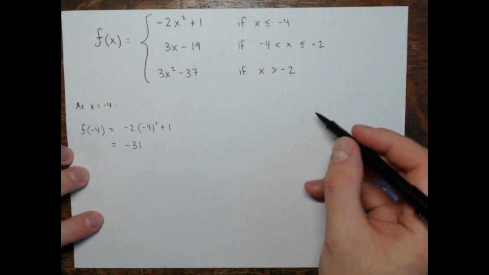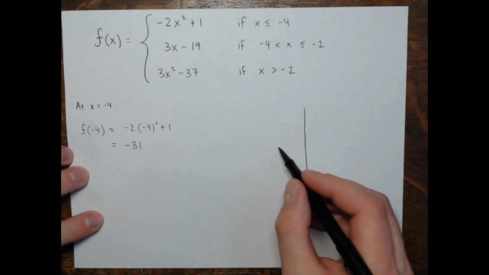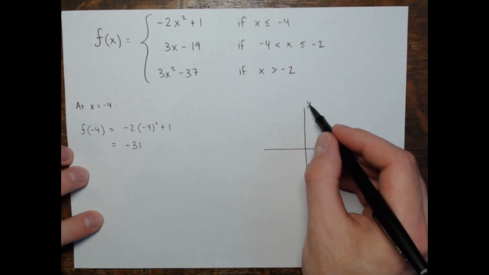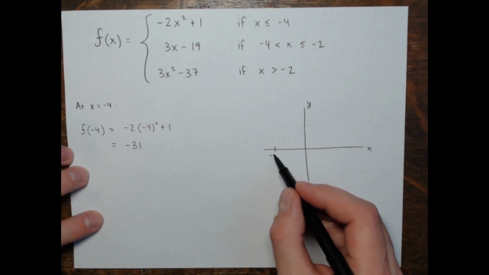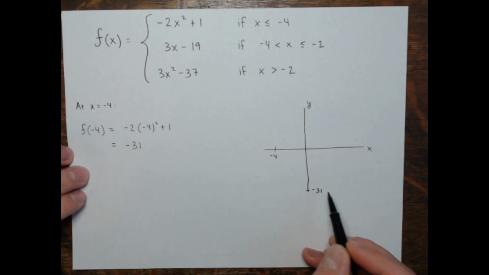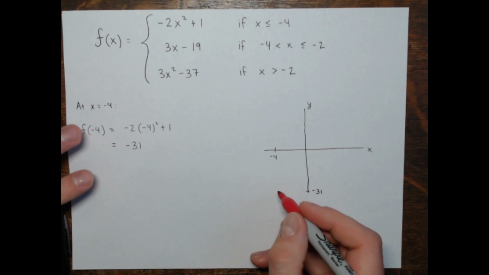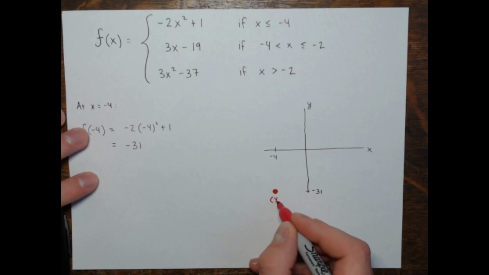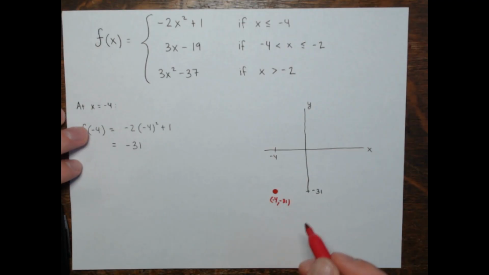All right. So if I were looking at a picture, trying to draw a graph of this function up here, here's -4 for x, and then the output would be -31, and this would be a point on my graph. This would be a nice solid point, or -4, -31.